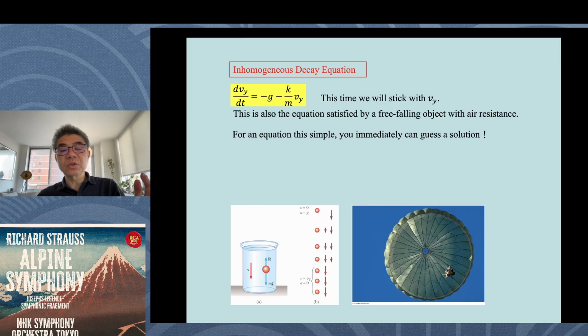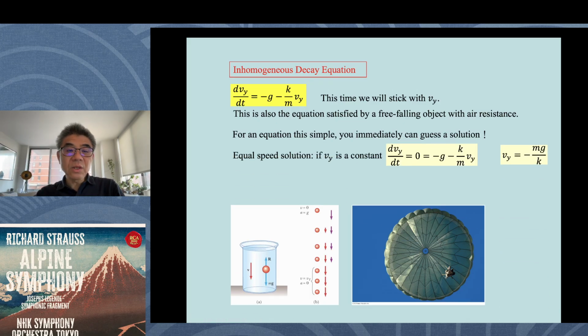Therefore, the same equation will apply to all projectile motion with or without horizontal motion. So the equation is actually the same as for free-falling. When we talk about free-falling objects, we can think about a parachute or a ball falling inside a liquid. For an equation this simple, you can immediately guess a solution.